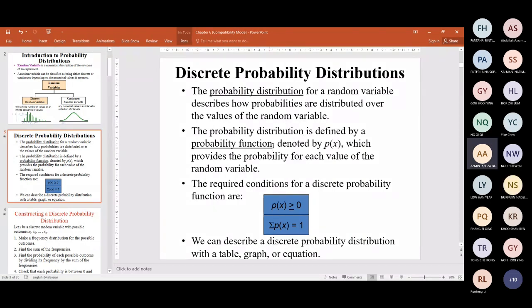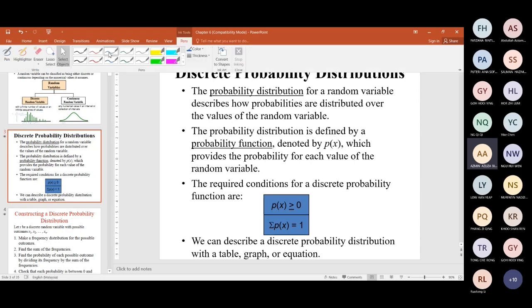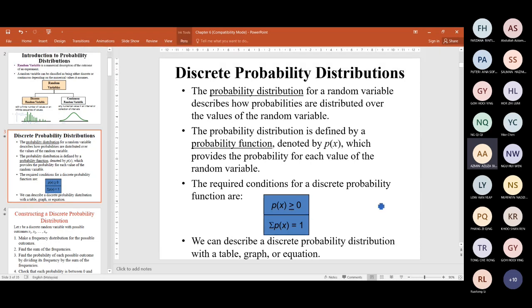Okay, and the probability is given by this notation, P(x). And the formula is also similar to the formula you used in the previous topic. Later we'll see the formula. These are the conditions for the discrete probability distribution, also the same as the previous one. We know that probability values are always between 0 and 1.